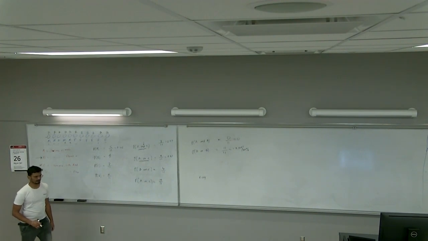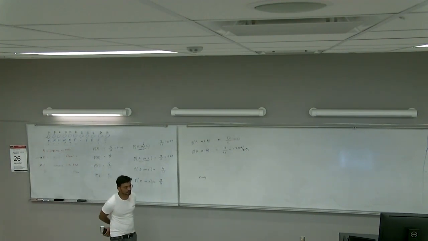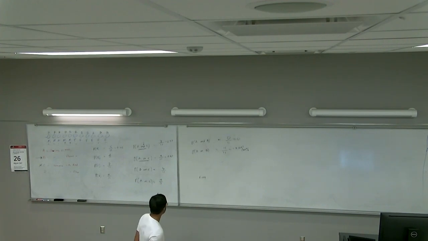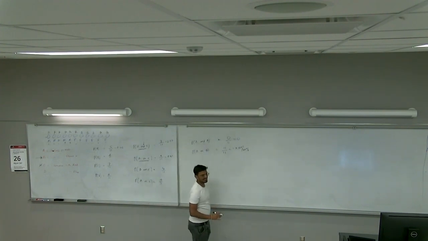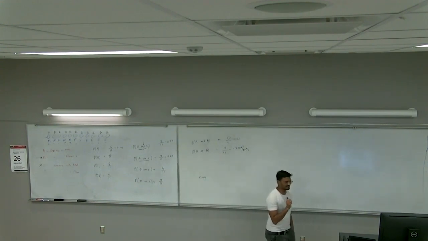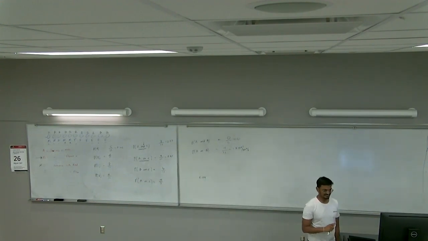Yes. Shouldn't we be taking probability of A and times it by probability of C? Right. So you mean for this one? Okay, I will come to that point later.